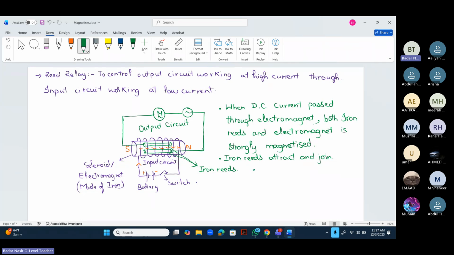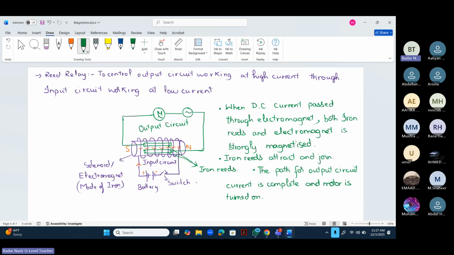So what happens is that the path for the output circuit current is complete and the motor is turned on.